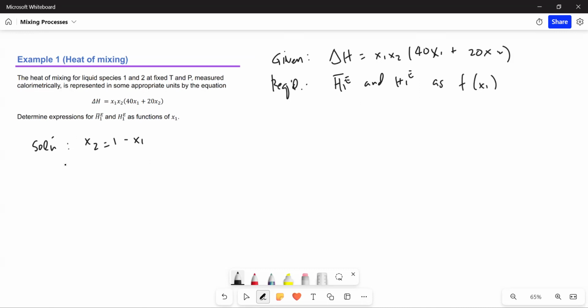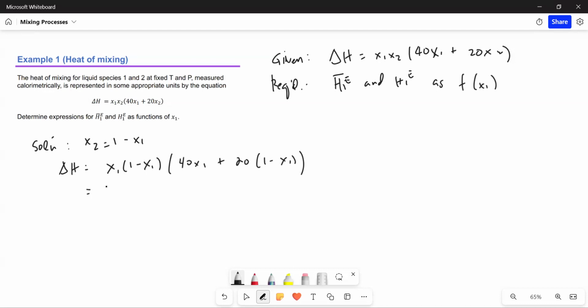So we replace it with 1 minus x sub 1, multiplied by 40 x sub 1 plus 20 (1 minus x sub 1). And then we expand the polynomial.